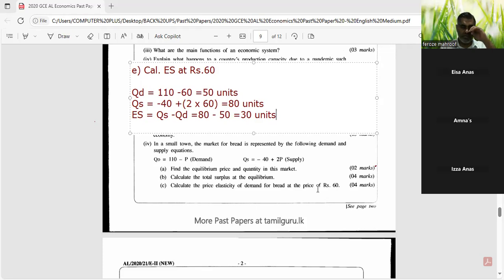Whenever a price is fixed below the equilibrium, there will be excess demand. Got it? Whatever price is fixed above the equilibrium price, in practice excess supply will come. In the same way, whatever price is fixed below the equilibrium price, excess demand will come. You try that in another part. Excess demand.